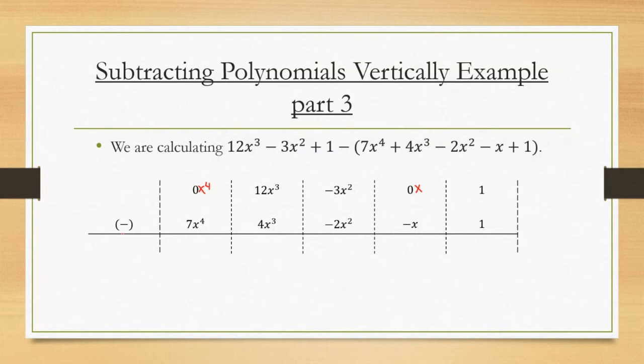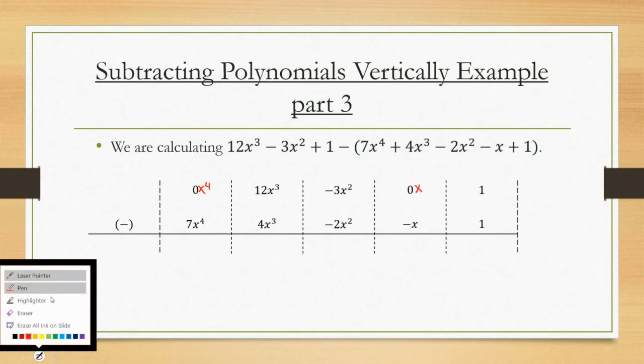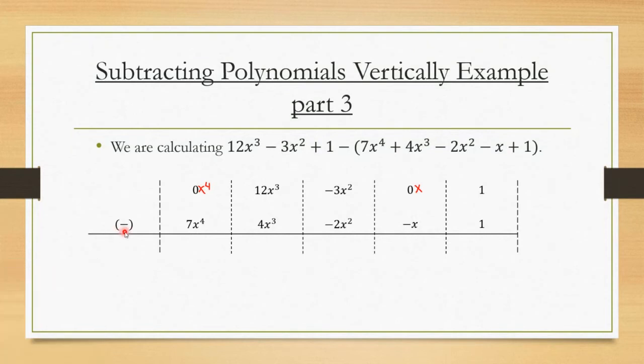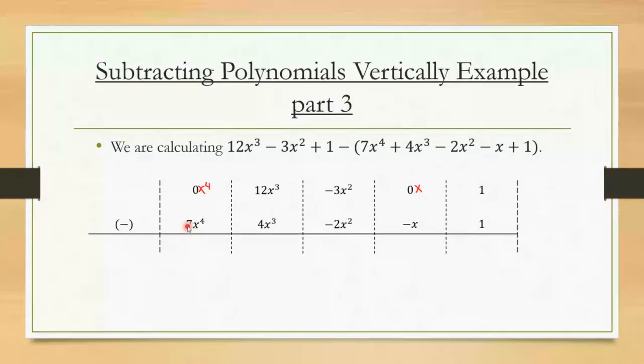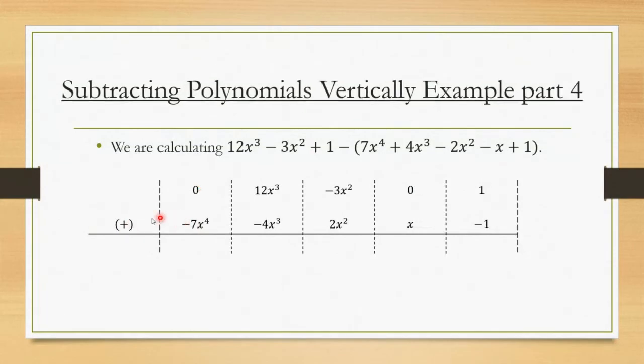Now we want to subtract, but again, what we do next is we're going to distribute this minus sign. Okay? We're going to distribute this minus sign. And that's what I did here, right? If you go back to the previous slide and look, we distribute the minus here. That becomes minus 7.